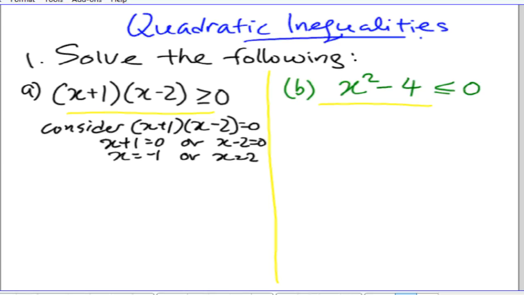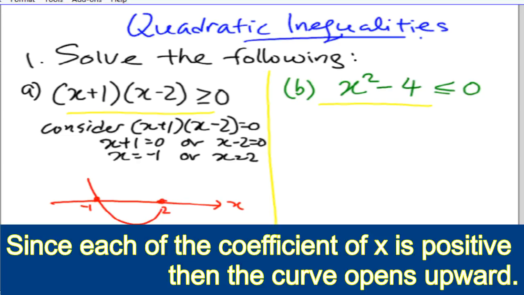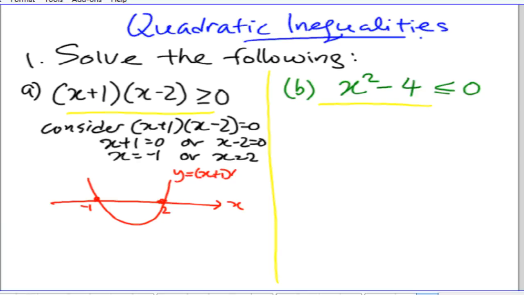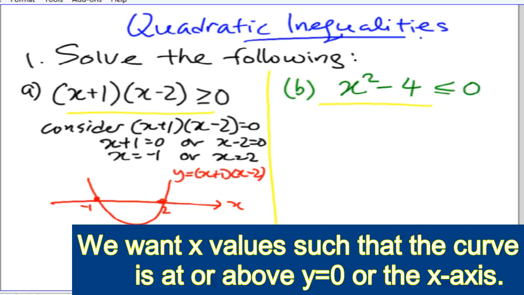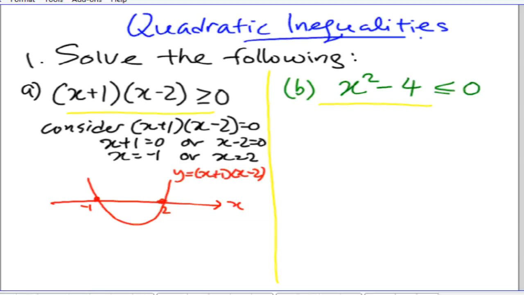The next step that I will do is to sketch a graph. So this is x, and here is negative 1, and here is 2. And then I sketch this graph. So this is y = (x + 1)(x - 2). And what we want for this inequality is for these quadratic functions to be greater than or equal to 0.